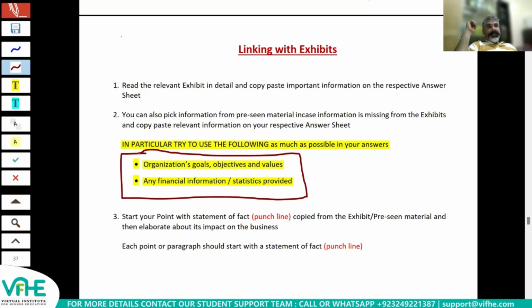And then when you come to the exhibit, there you see that customer complaints have significantly increased. So there you can always refer to this value and say that customer complaints have gone up, and this is against the company's value of satisfied customers. See, always try to link the values to your answer. Is this clear? It's not difficult. When we do practice, you will understand.